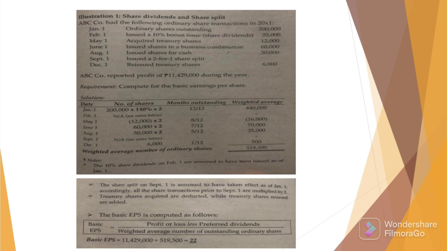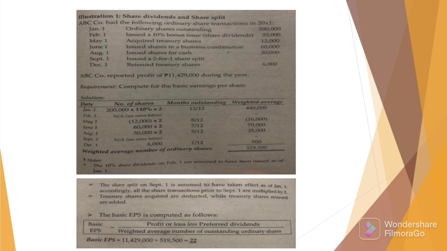December 1, 6,000 reissued treasury shares times 1 divide 12. Yung December 1, kaya wala na siyang times 2 kasi hindi siya kasama doon sa share split kasi lahat lang ng mga nauuna doon sa share split, yun lang yung binibigyan ng 2-for-1.